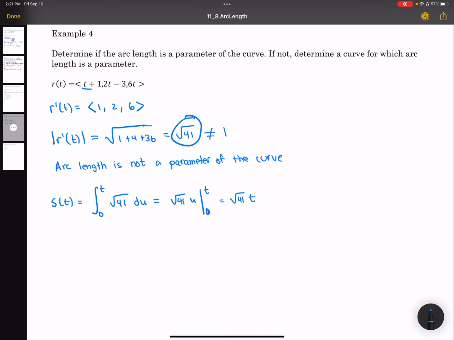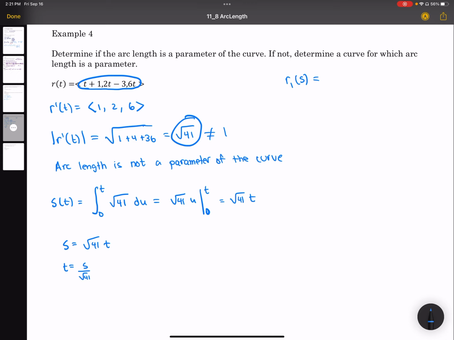Now our parameters up here are written in terms of t. So if we take this function s, and we don't have to say s of t, we can just say s. So if s is equal to root 41 t, to properly parameterize this so that we get a speed of 1 when we take the derivative, we could just say, well, t is equal to s divided by the square root of 41. So now if we write this separate function, we'll call it r1, we'll actually put it in terms of s.